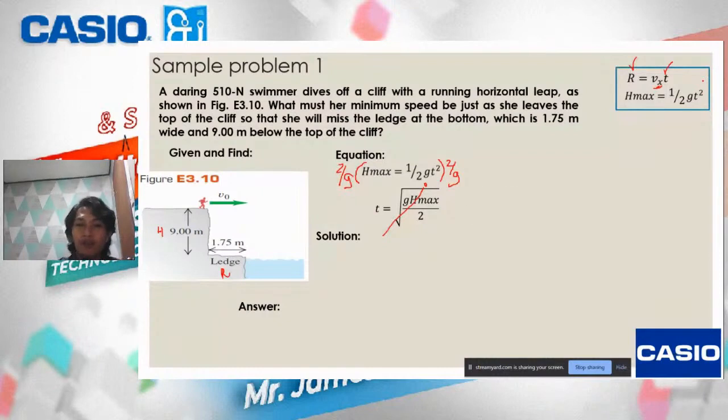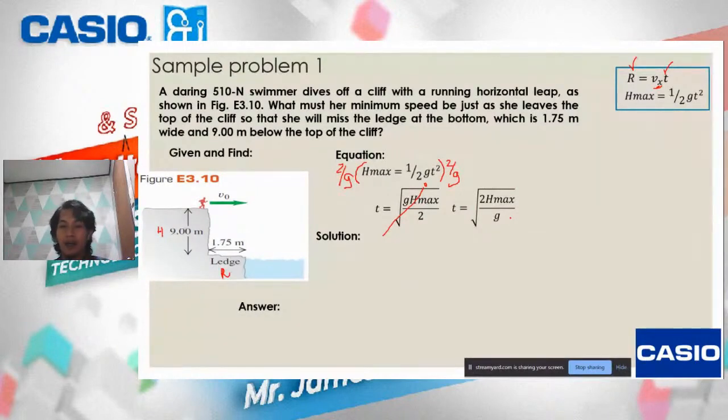So, our equation should be this one. Square root of 2 H max over G. Sir, saan galing po yung square root? So, we need to remove this square sa T. So, therefore, we square root this one. Okay? So 2h max over g.